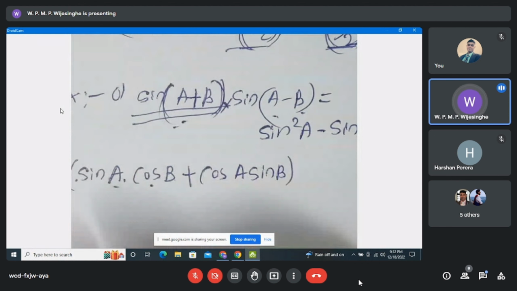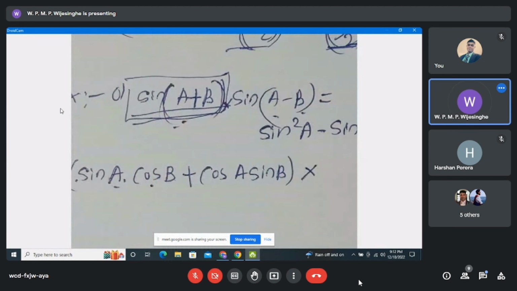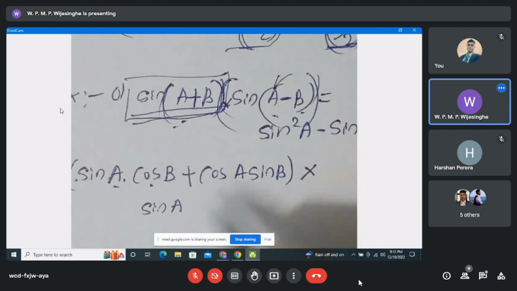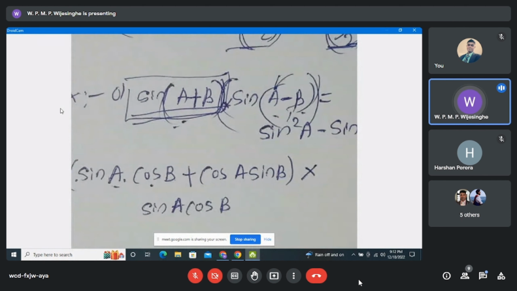Then we expand this, right? This multiplied by, here we have to expand this also. Here it is minus. Then sin A, first angle is sin A, second cos B, we take it as cos B. If it is negative here, then it is also negative here.